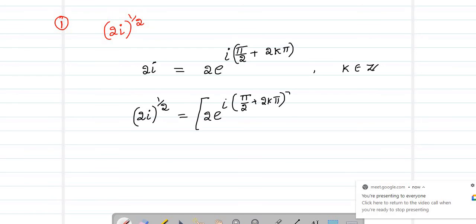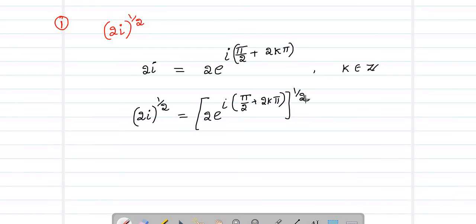So this whole to the power of 1 by 2. When I look at it, this is nothing but 2 power 1 by 2, that is root 2 itself, into e power i. So you just multiply, so you get pi by 2 plus 2k pi whole divided by 2.